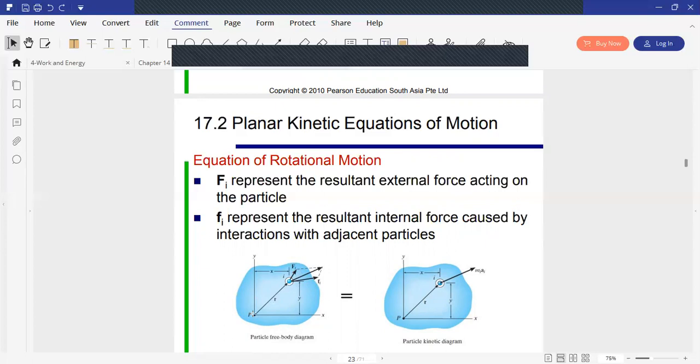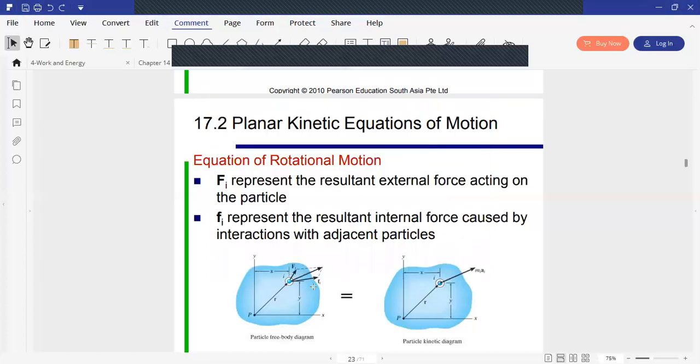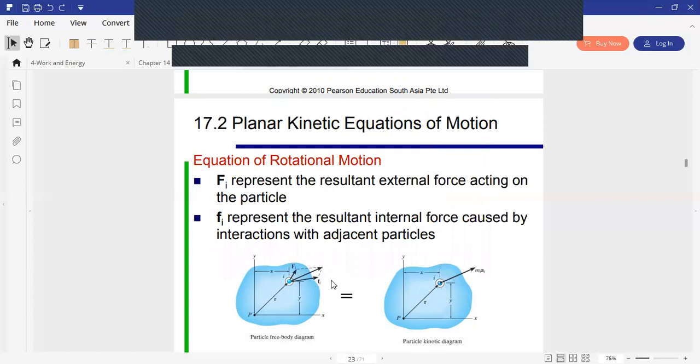I will put axes xy on P and calculate the moment of the sum of forces about P. For any small element, I have the external forces and the interactions with other particles. But for the interactions with other particles, we always have action and reaction that cancel out, so this term will cancel when we do the summation.